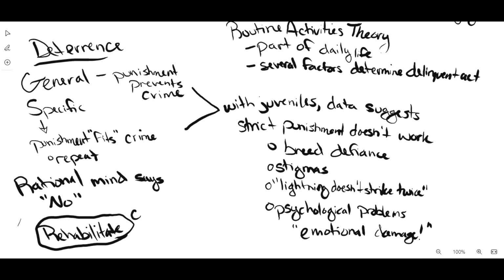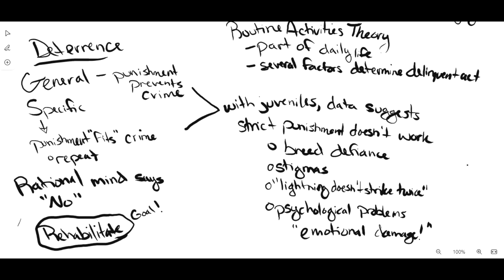If this is the goal, if they're causing psychological problems and emotional damage to individuals where they will then become repeat offenders, isn't that against the message of rehabilitation? And so perhaps one of my favorite questions that our textbook asks, in particular as a subsection header, is can delinquency be deterred?